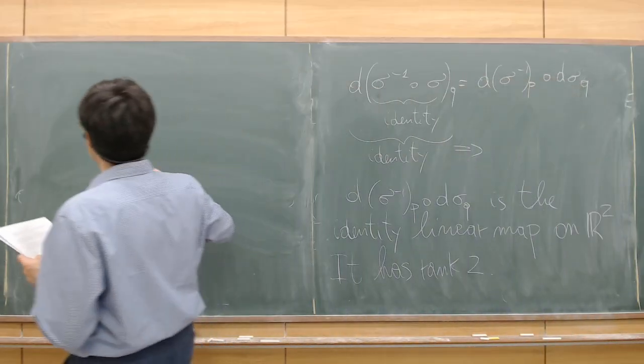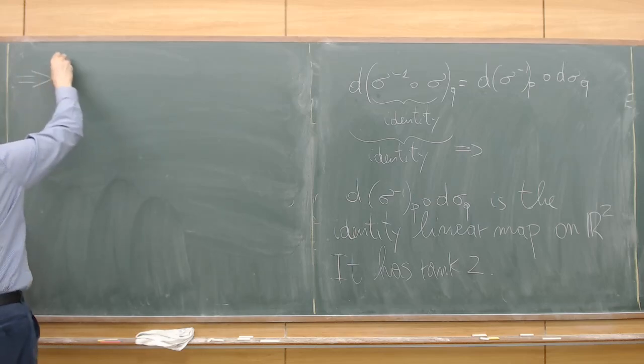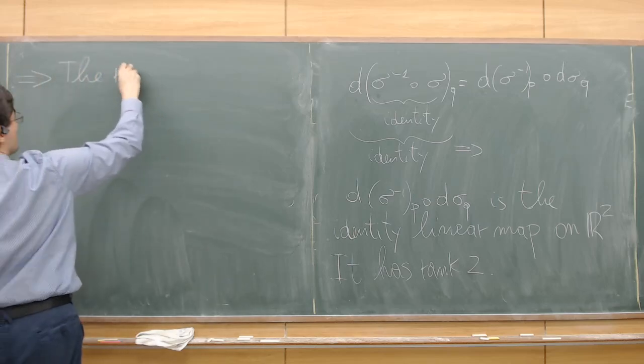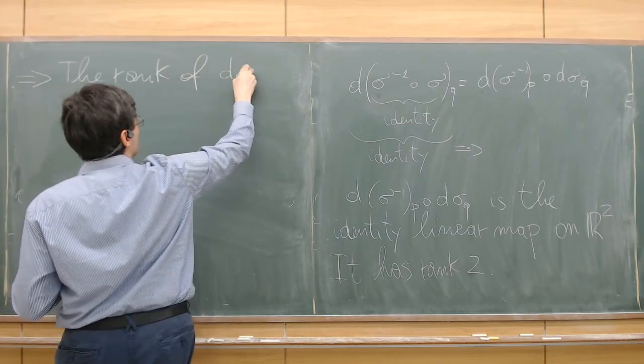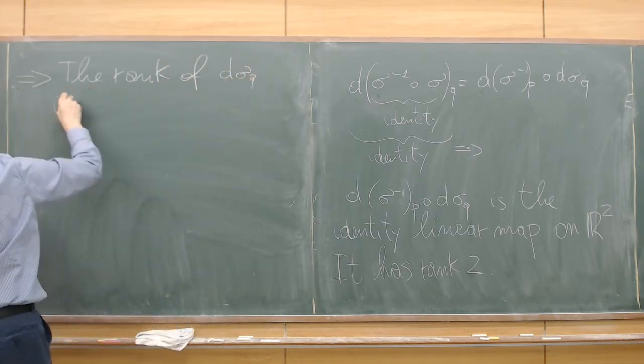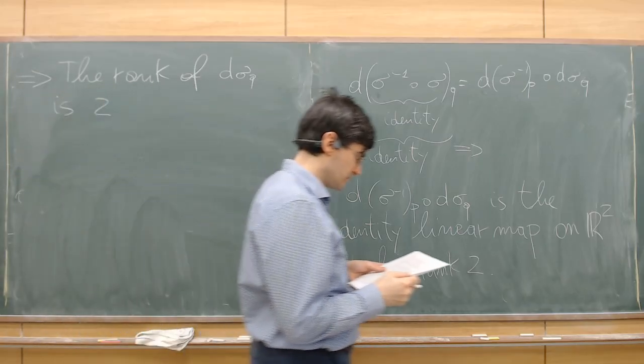So this implies that the rank of d sigma q is 2. And the proof is finished.